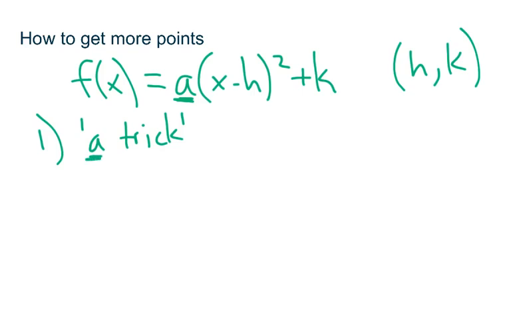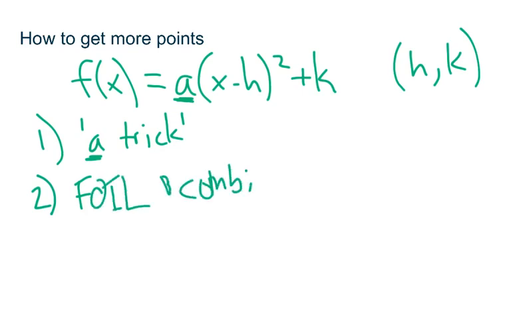Number 2, we can FOIL and combine like terms to get to c. So if we FOIL that out, distribute a, and add k, we can get c.